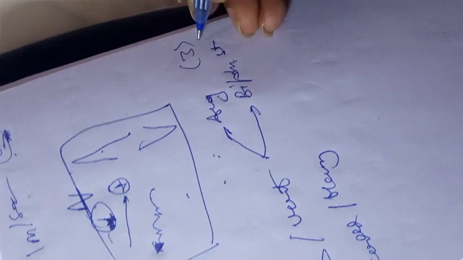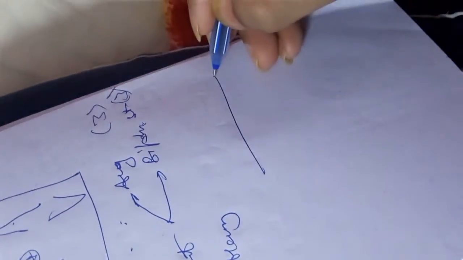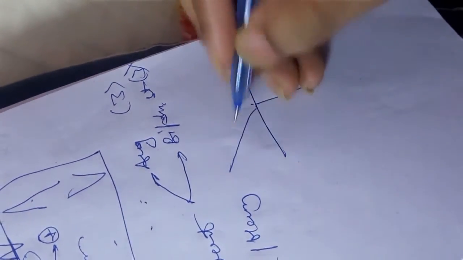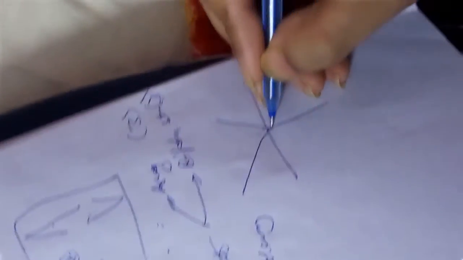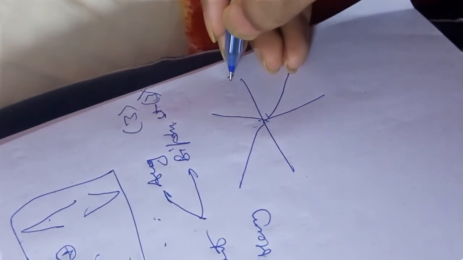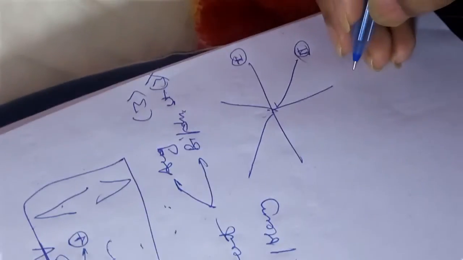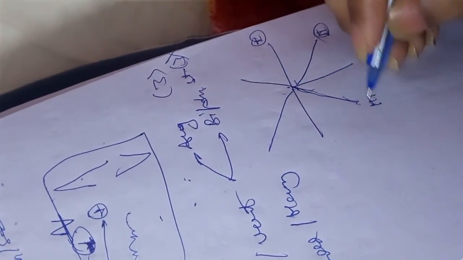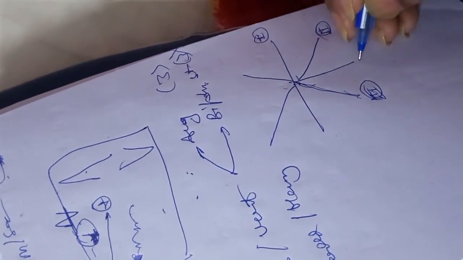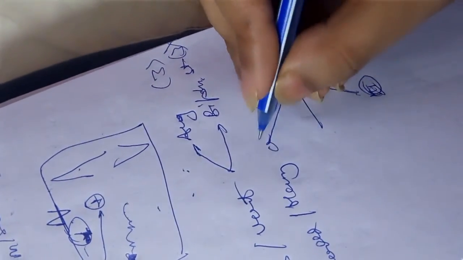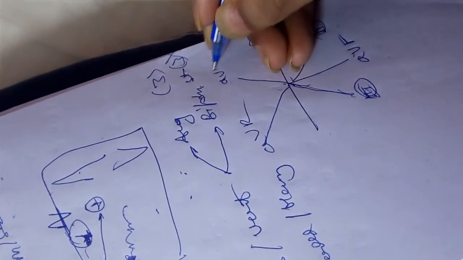Both are 3 and 3 in number. Their vectors can be arranged something like this: limb leads. This is lead 1, this is lead 2, this is lead 3, and then we have aVF, aVR and aVL.